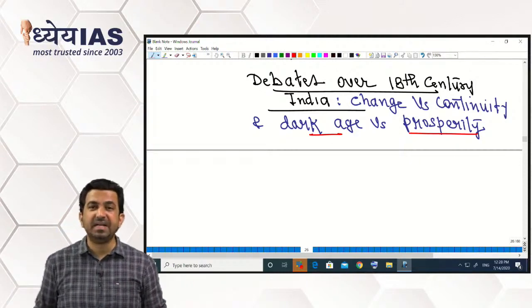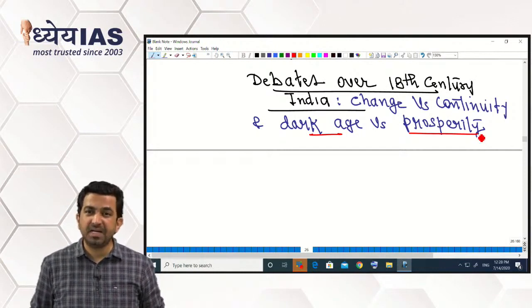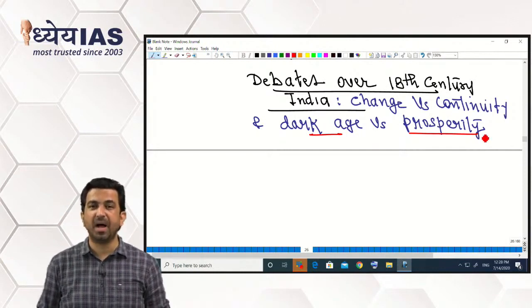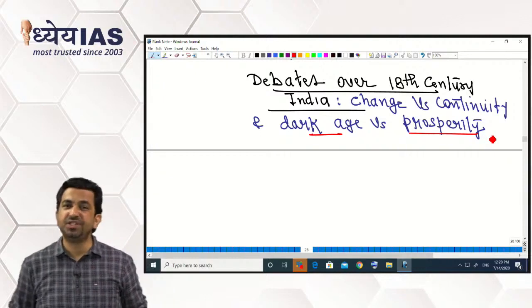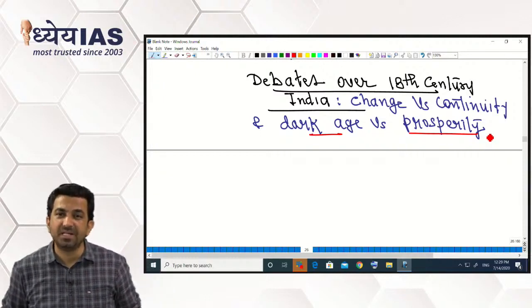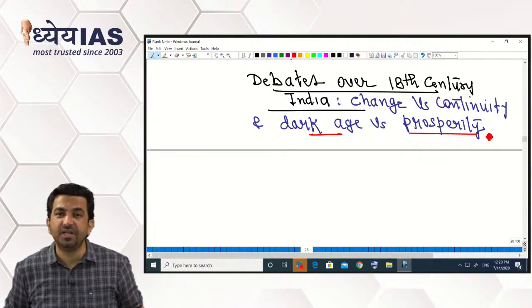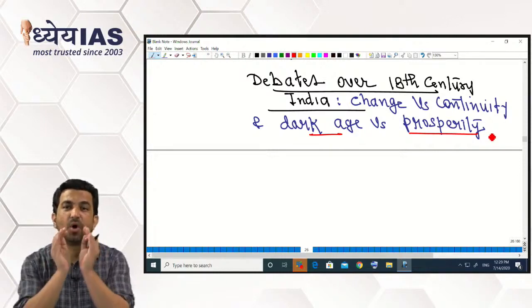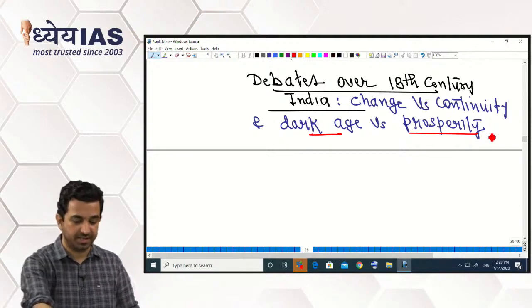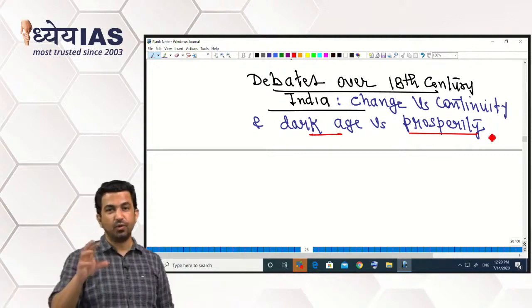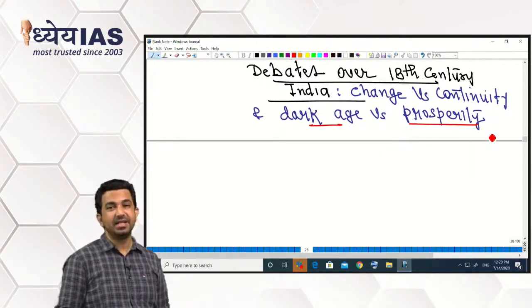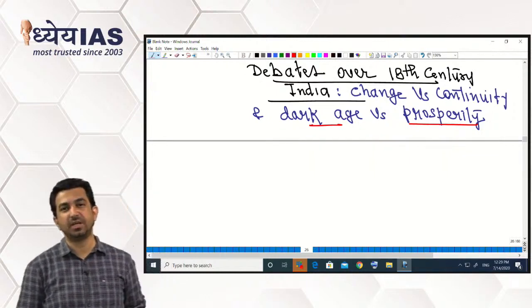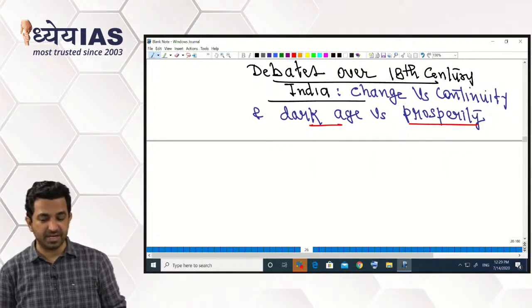This rapid decline caused the origin and development of smaller or provincial states. So we are going to discuss the socio-economic, cultural and political condition of 18th century India.